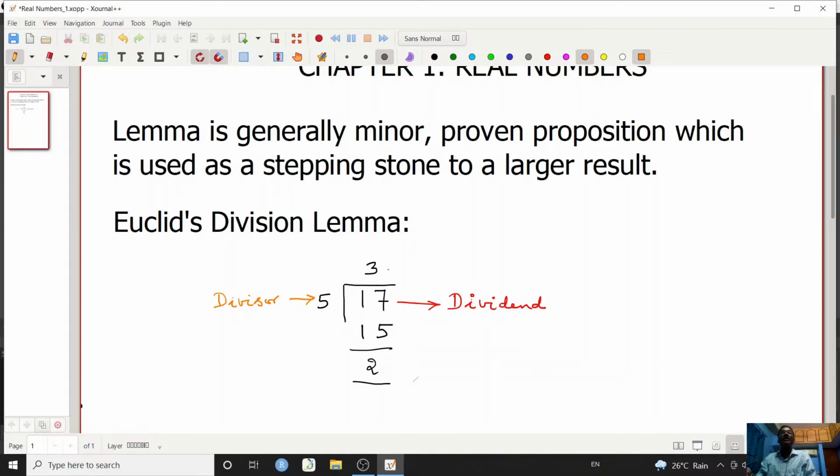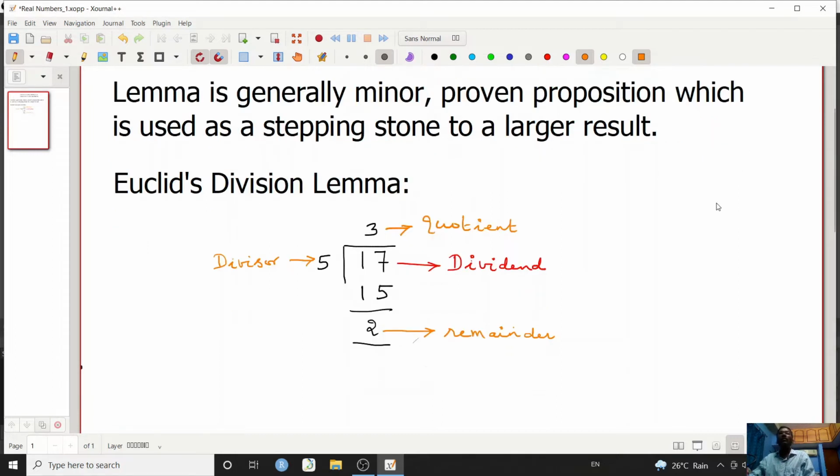And how many 5s are there in 17? That number is called the quotient. And what is remaining is called the remainder.